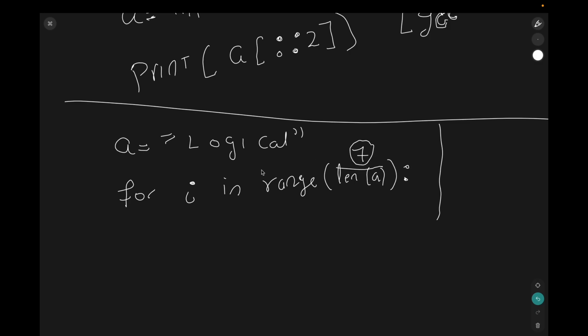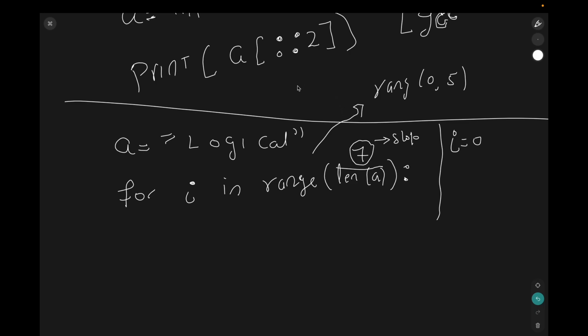Now you know this 7 is the stopping condition, right? And the range will return you something like range of 0 comma 7. So by default it will start from 0. Getting this point? So initially i will be equal to 0, right? Then you will check, is 0 less than 7? Yes, it is less than 7.